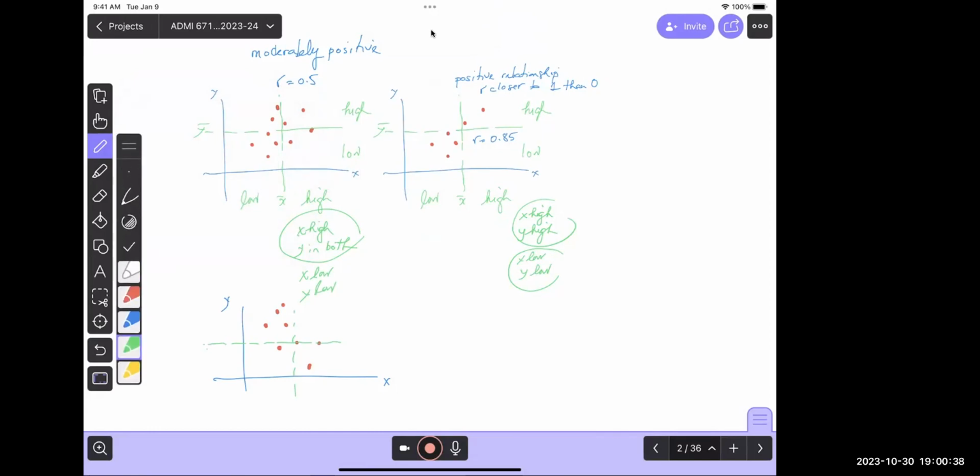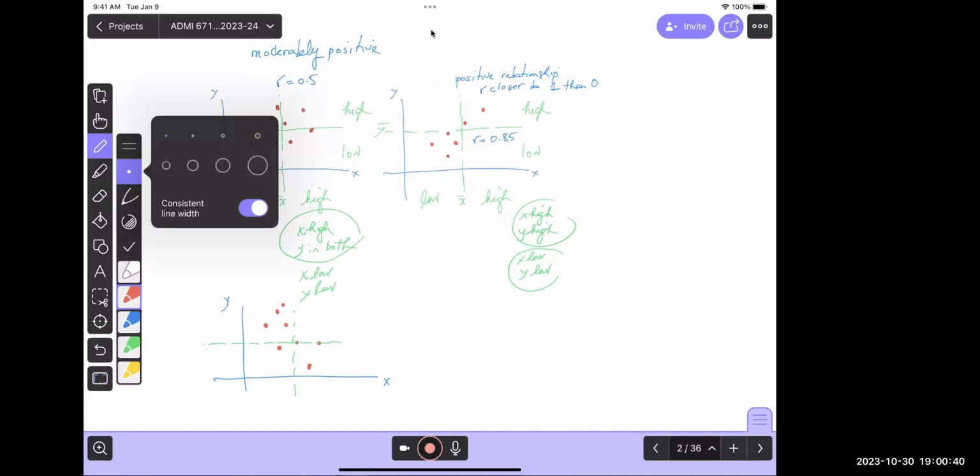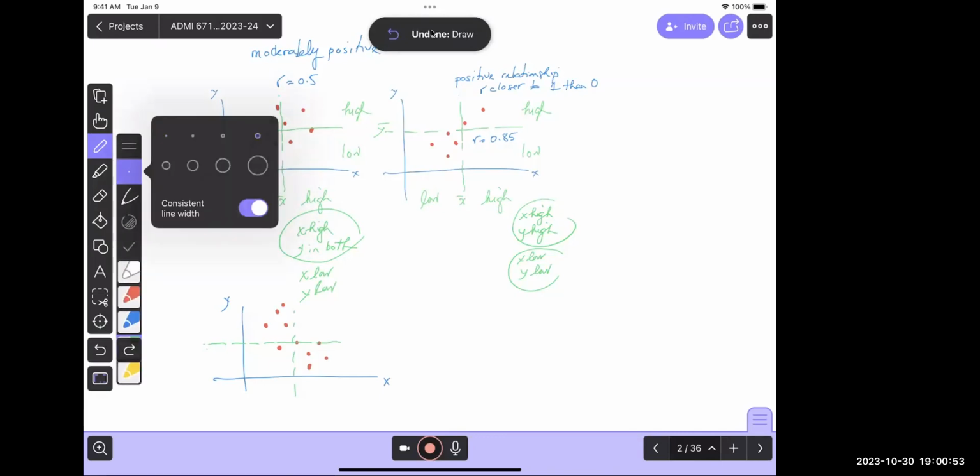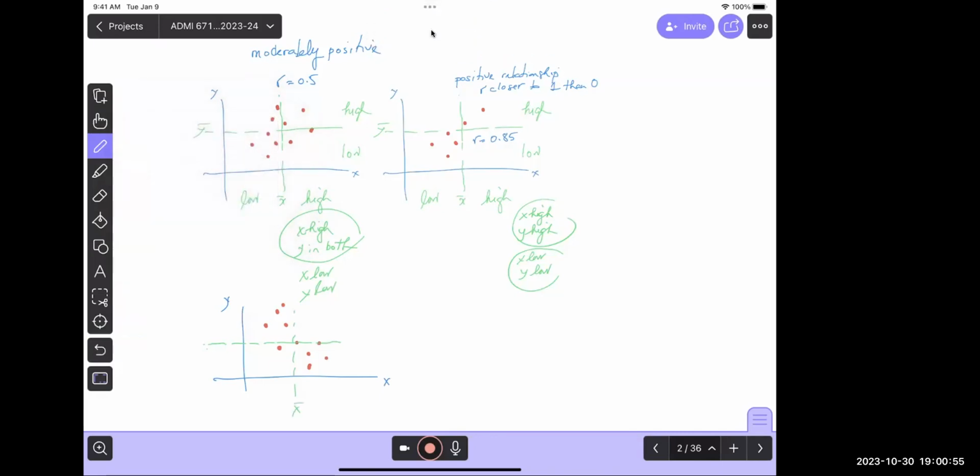All right, so here I'm going to mark X bar, Y bar. So when X is high, Y is low. X high, Y low.